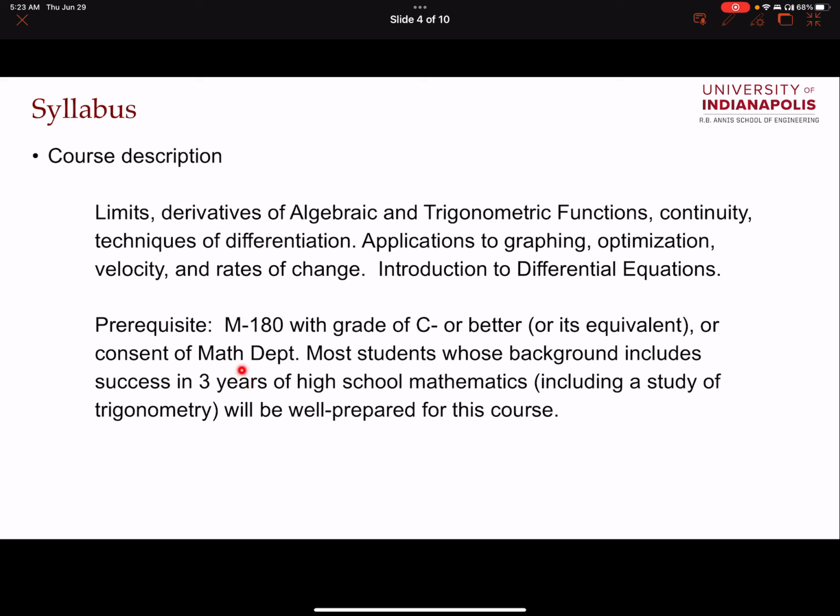I'm pretty sure that you have fulfilled the prerequisites for this class. You have Math 180, grade C or better. That's why you are in this class.